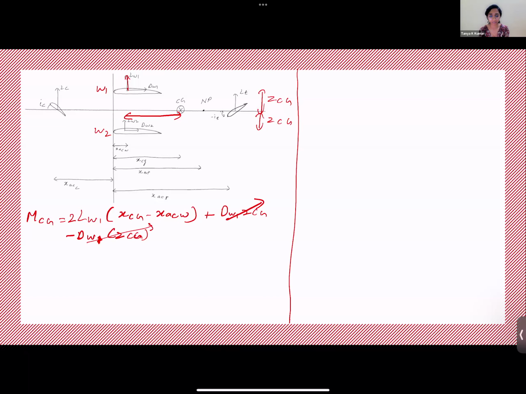Next, tail. So what is the tail contribution? You have minus LT, and the distance will be XAC tail minus XCG. Now, what is the contribution of the canard in a similar fashion?